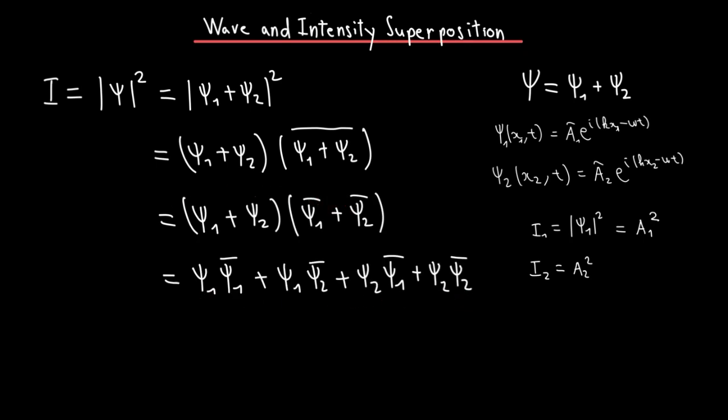But we know that psi1 times its conjugate is just the modulus squared of psi1. As we have seen initially, taking the modulus squared is the same thing as the product of the two conjugate terms. And so we do the same thing here.